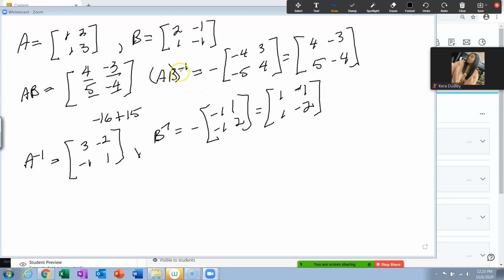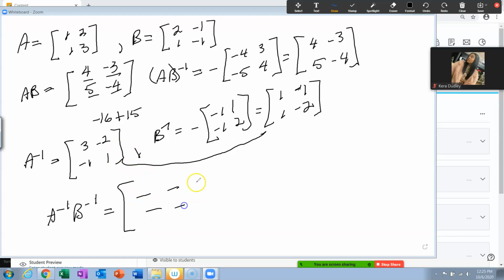Now what we want to do is multiply these two together, this one times that one. So A inverse times B inverse is, okay, it's a 2 by 2, and first row, first column, that would be a 3 minus 2 is 1.